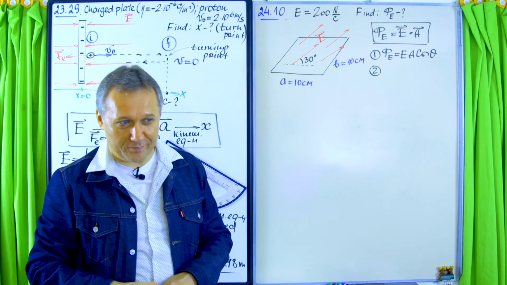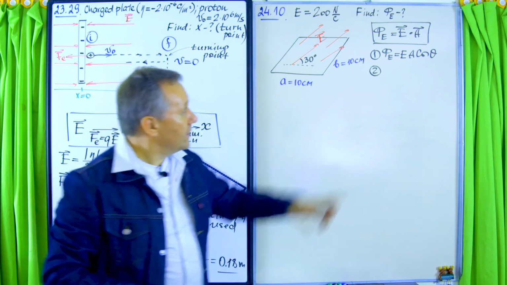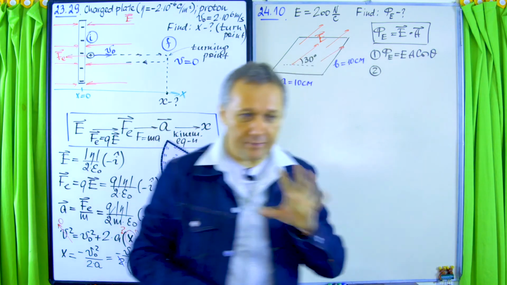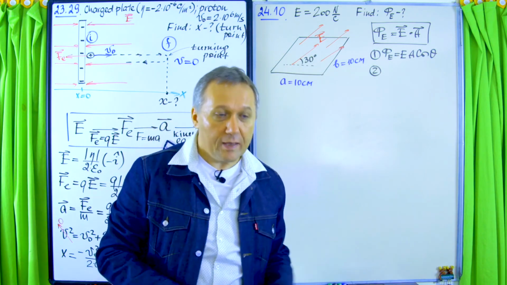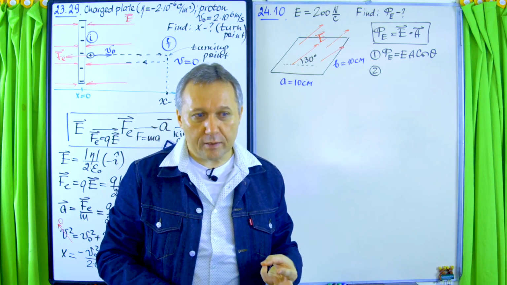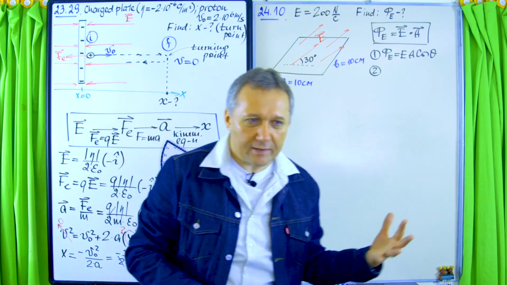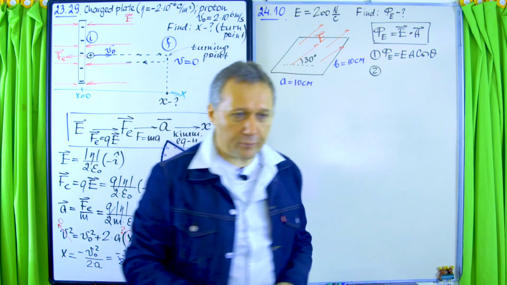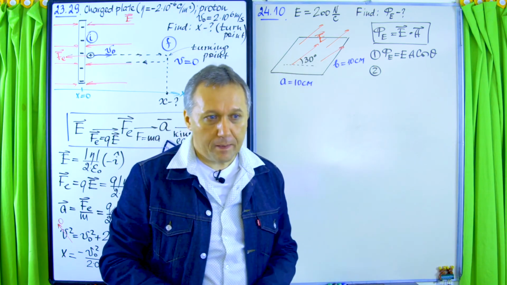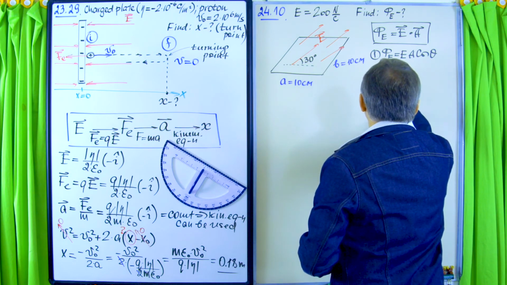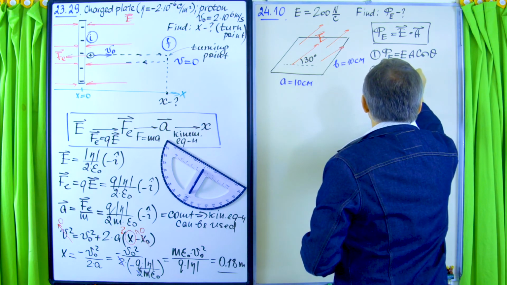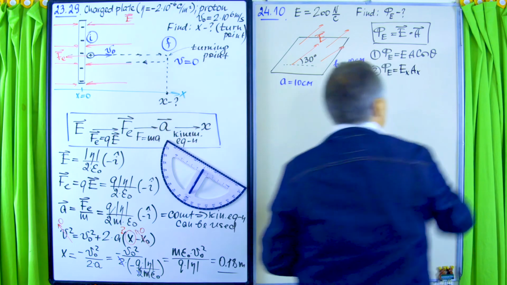The second option: if these two vectors are given in component form, x, y, z components, then you can also calculate flux, and you will end up with exactly the same number as in the first case. The second option is EX times AX.